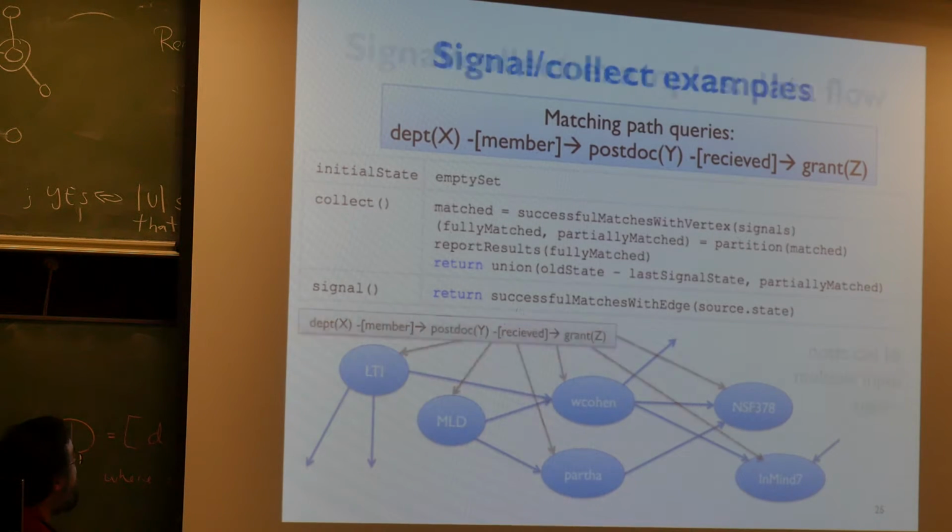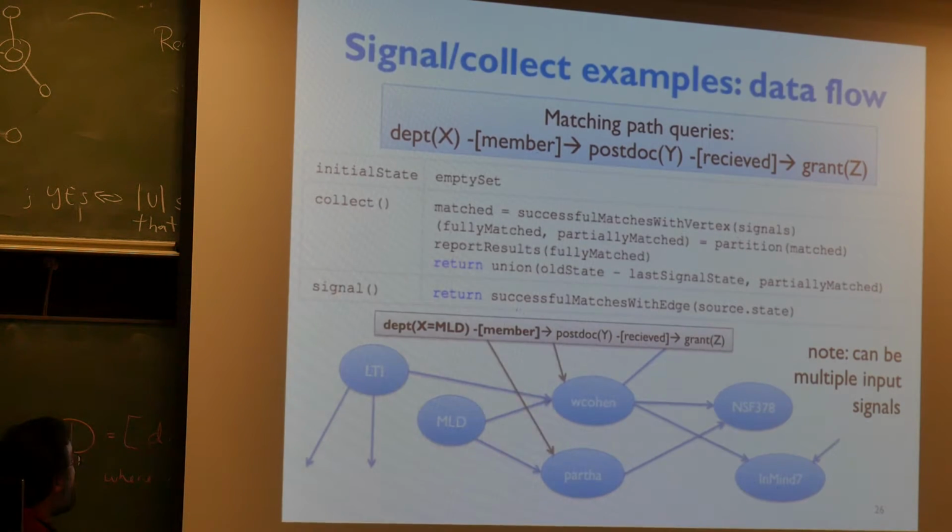So originally, nothing's been matched, okay? Then at every point, the things that have been matched will be propagated along to the neighbors. So here we notice, well, this query has been matched for department MLD, right? So this MLD node is going to send the partially matched query to its neighbors, all right?